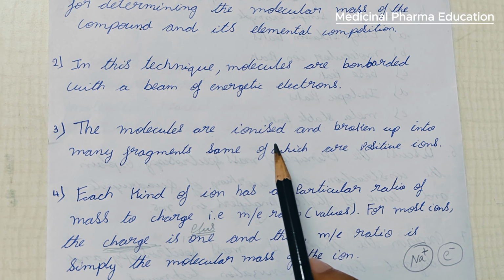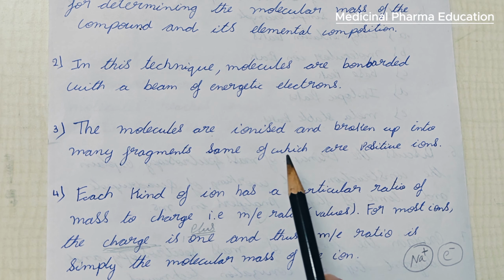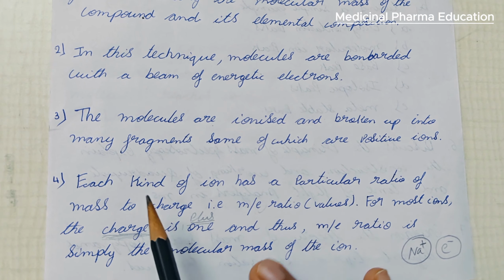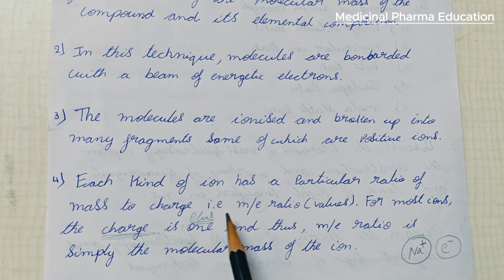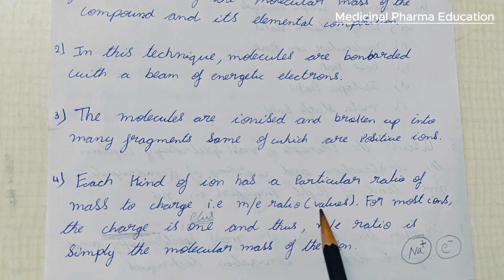Okay, there are different types of ionization techniques, by which molecules are ionized. Each kind of ion has a particular ratio of mass to charge. It's also called the mass to charge ratio value. For most ions, the charge is 1 plus, and thus the mass to charge ratio is simply the molecular mass of the ion.